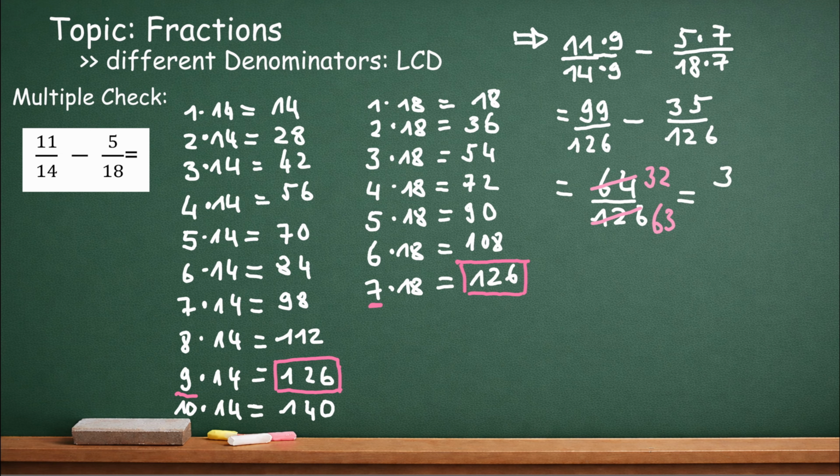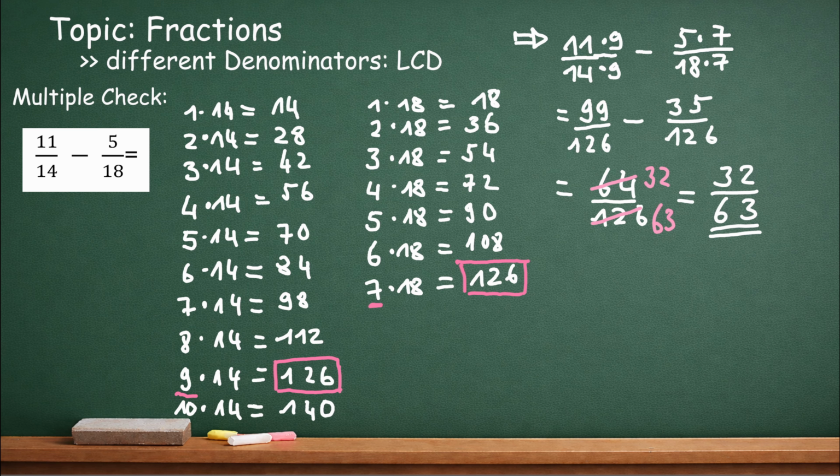Okay, let me write it down here again. All right. Again, what do we have to do? We need to do the multiple checks for our denominators because we can't do the calculation if they are not the same. And we just multiply with 1, 2, 3, 4, 5, 6 and so on.